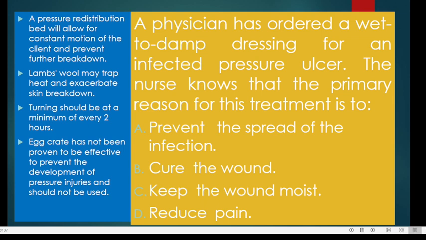A physician has ordered a wet to damp dressing for an infected pressure ulcer. The nurse knows that the primary reason for this treatment is, ladies and gentlemen, wet, damp. The role of the wet to damp dressing is to keep the wound moist, okay?